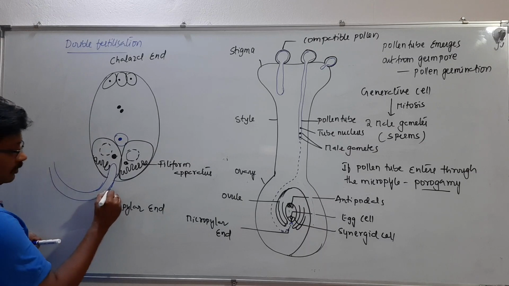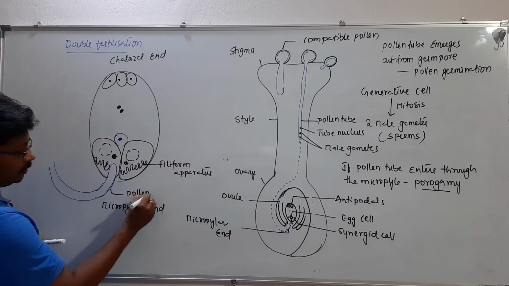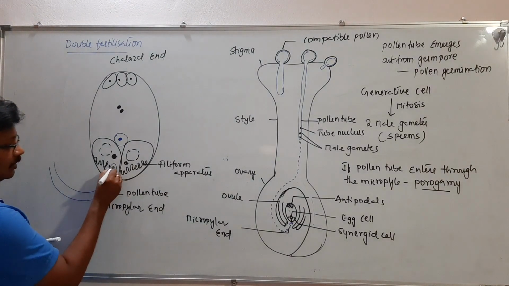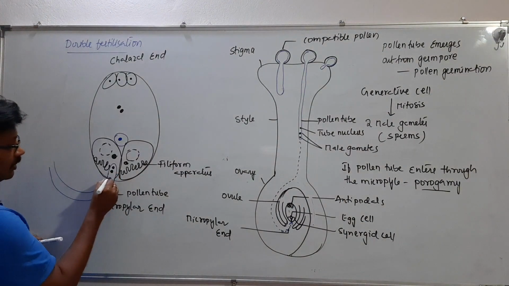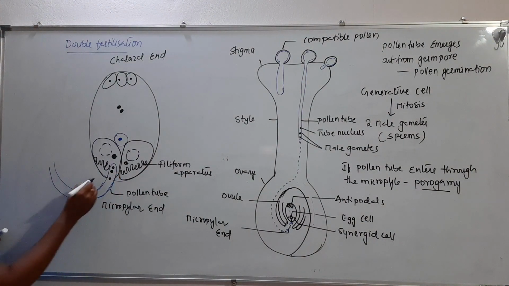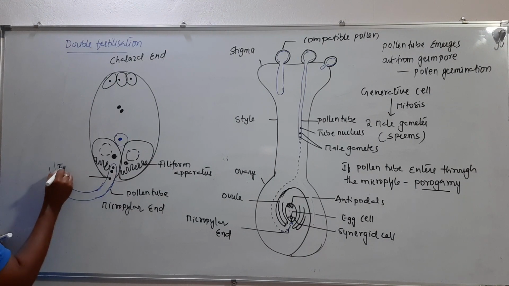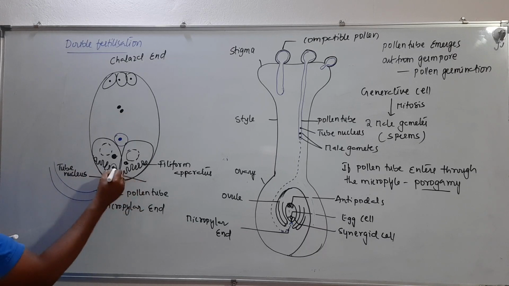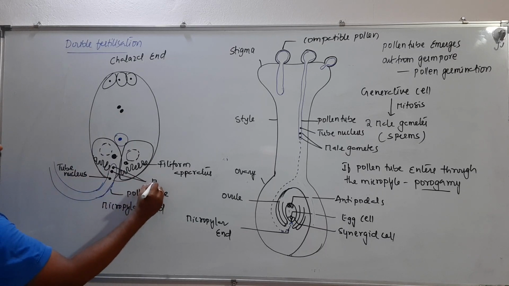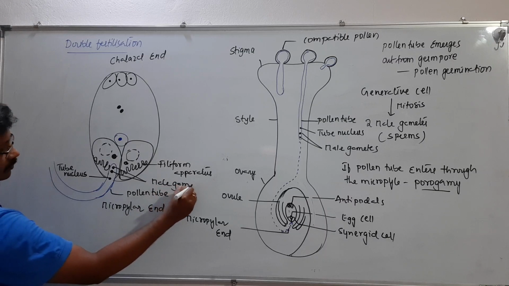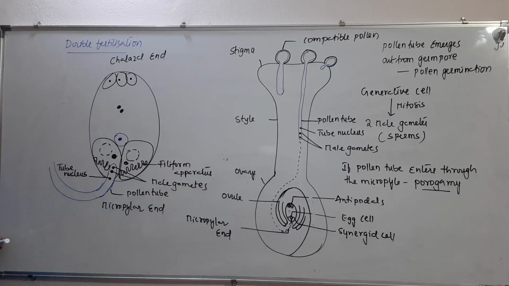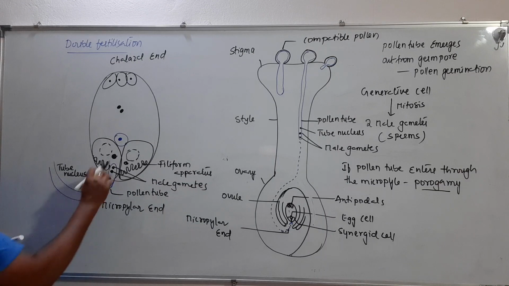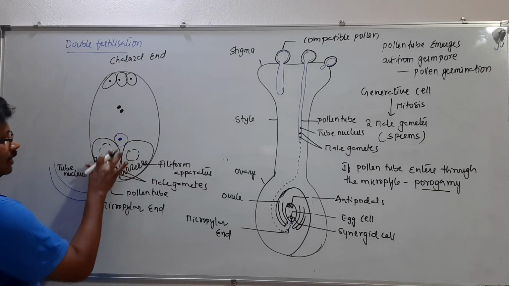This is the pollen tube, and it has the male gametes and the tube nucleus. Here is the tube nucleus, and these two are the male gametes.